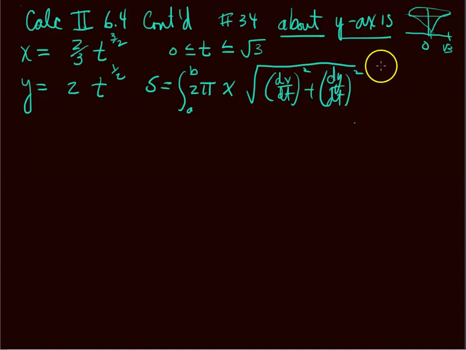So what is dx/dt? Well, this is 3/2 times that, so it cancels. t to the 1/2. What is dx/dt squared?